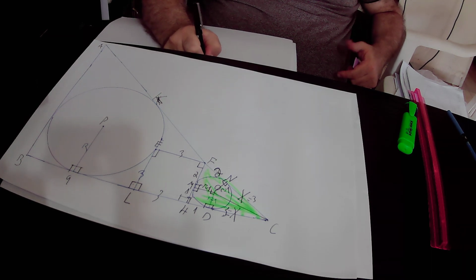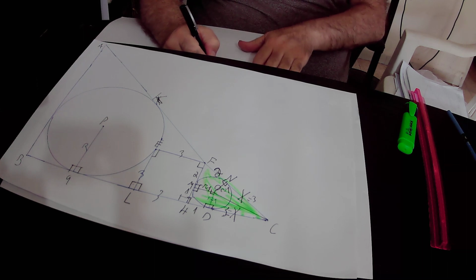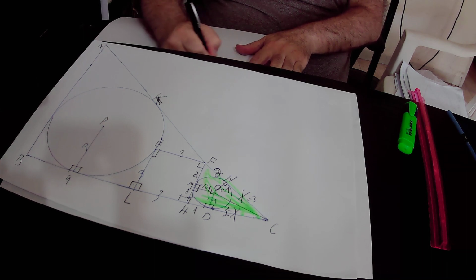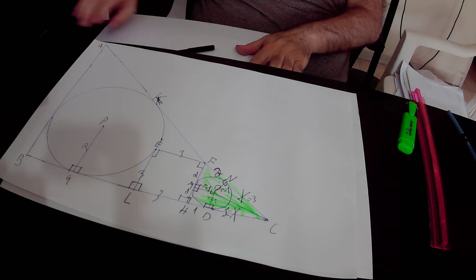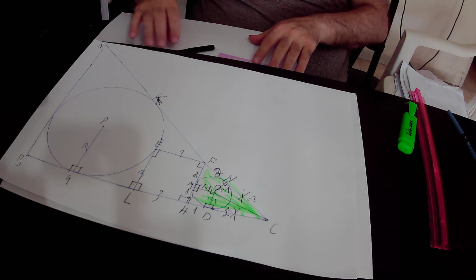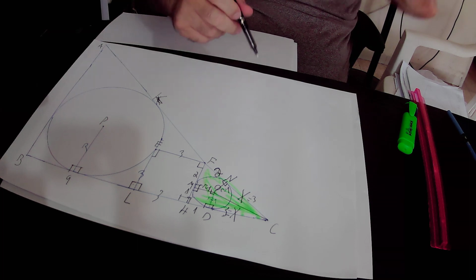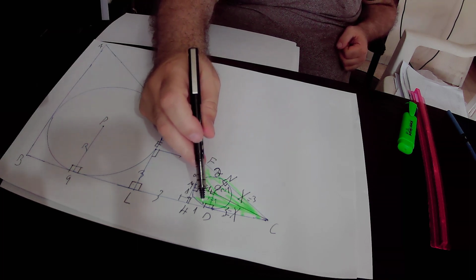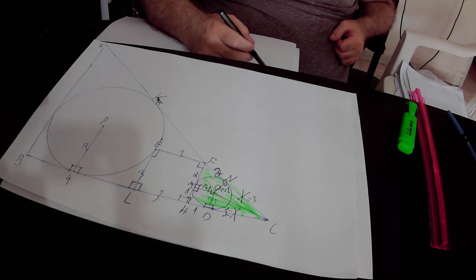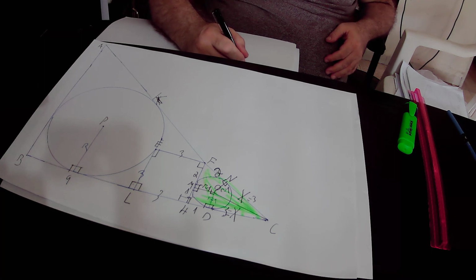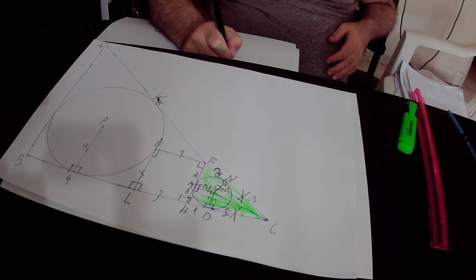So why are those two green small triangles congruent? First of all, NO equals OD. They are both the radii of the circle, that is equal to 1.